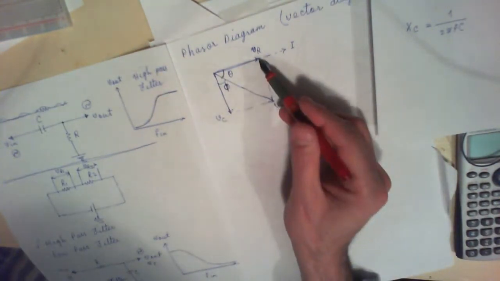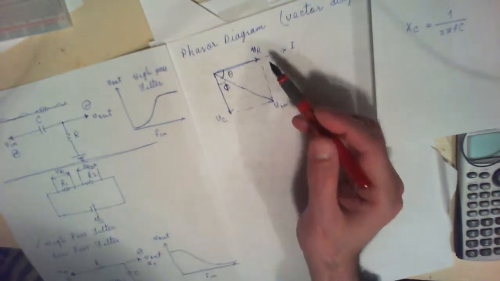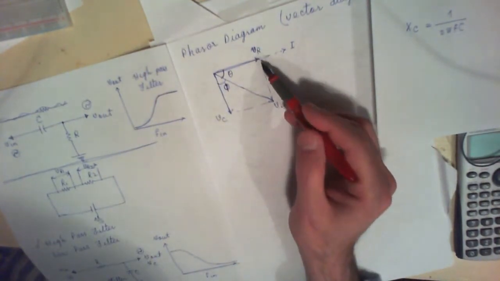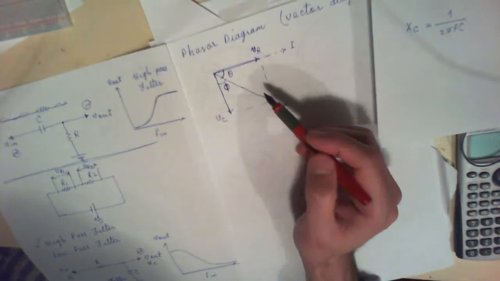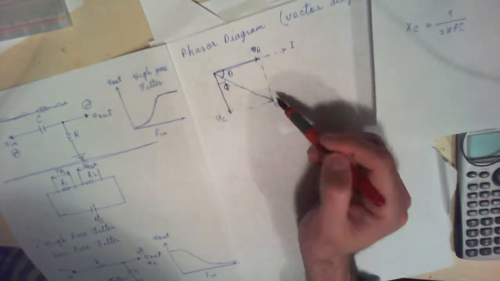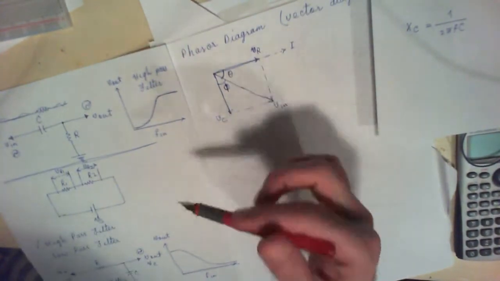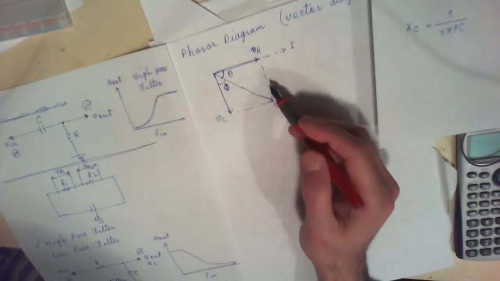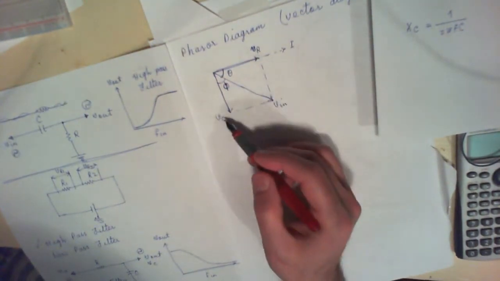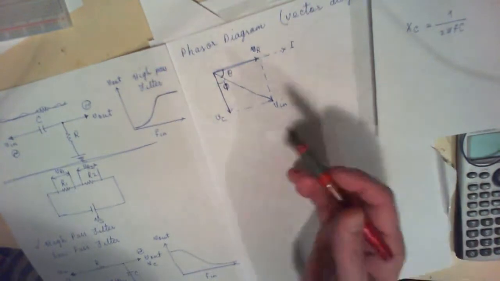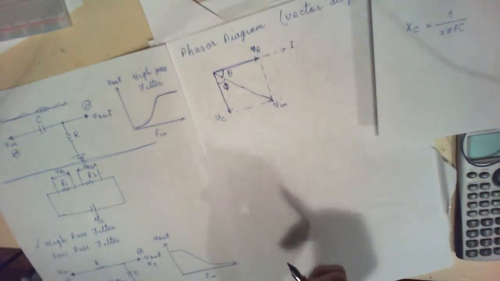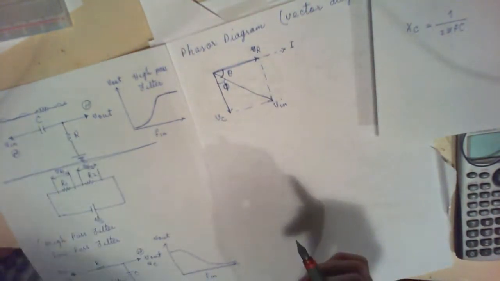And in this phasor diagram, as you can see right now, V of R is leading V of N, and V of N is leading V of C. Or in other words, V of N is lagging V of R, and V of C is lagging V of N. You can say that in both ways.